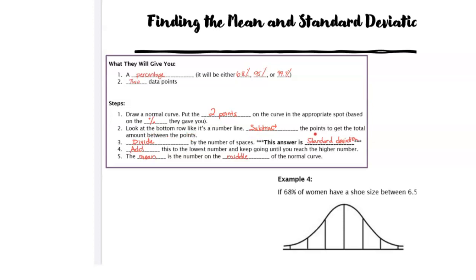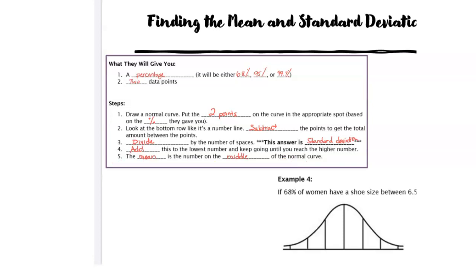Subtract the points to get the total amount between them. Number 3, divide by the number of spaces. This answer is the standard deviation. Number 4, add this to the lowest number and keep going until you reach that higher number. And number 5, the mean is the number in the middle of the normal curve.